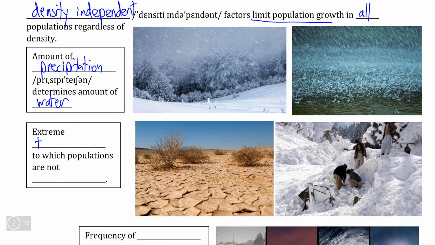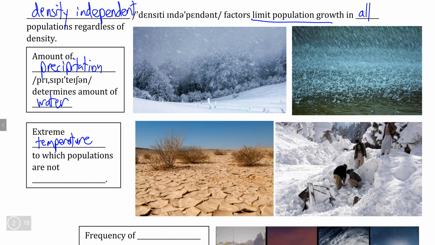This also applies when we look at the temperature of an ecosystem, because not all organisms are adapted to survive in very dry conditions like a desert, nor are many organisms adapted to survive in very cold and snowy conditions such as in an ice desert or a permanent winter biome like a tundra.